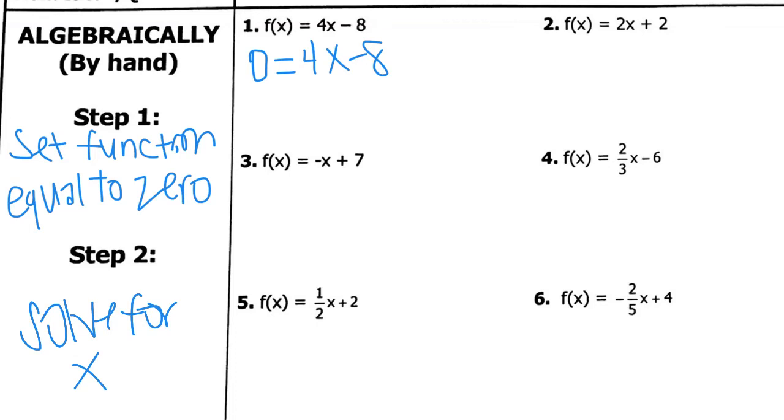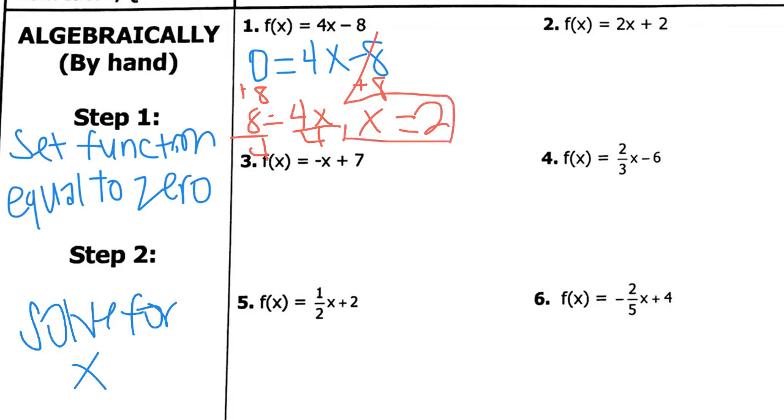Here we would add 8 to both sides, so I have 8 is equal to 4x. I would divide both sides by 4, so x is equal to 2. So my solution, my zero for that function, is x is equal to 2.